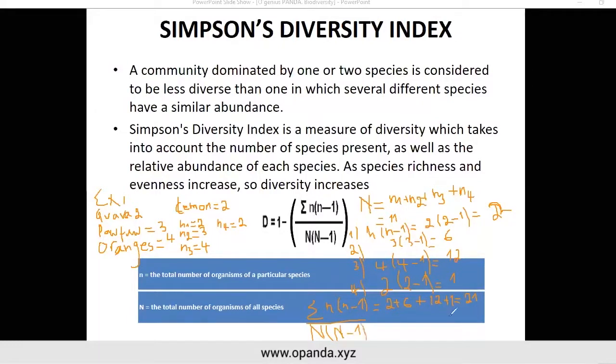Now it will be 21 over what? I've seen that bigger N is 11. Now it is 11 over 11 minus 1. That is 21 over 110.